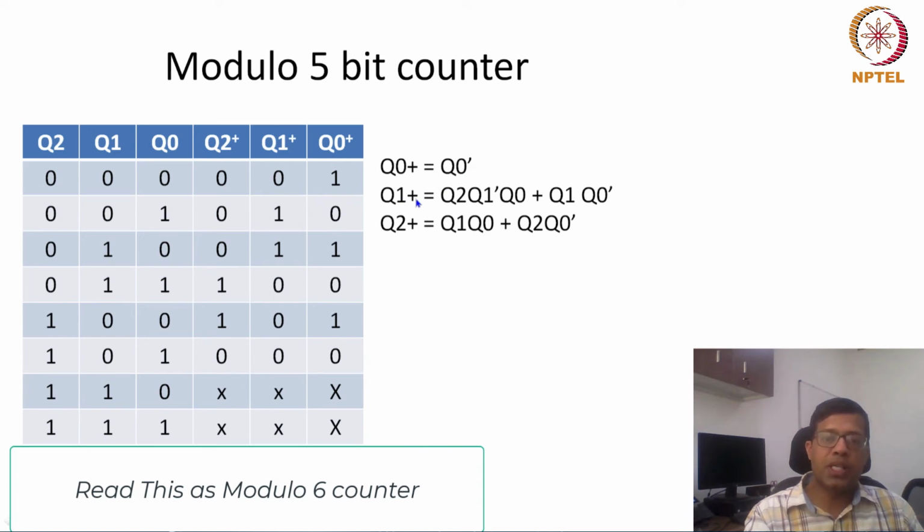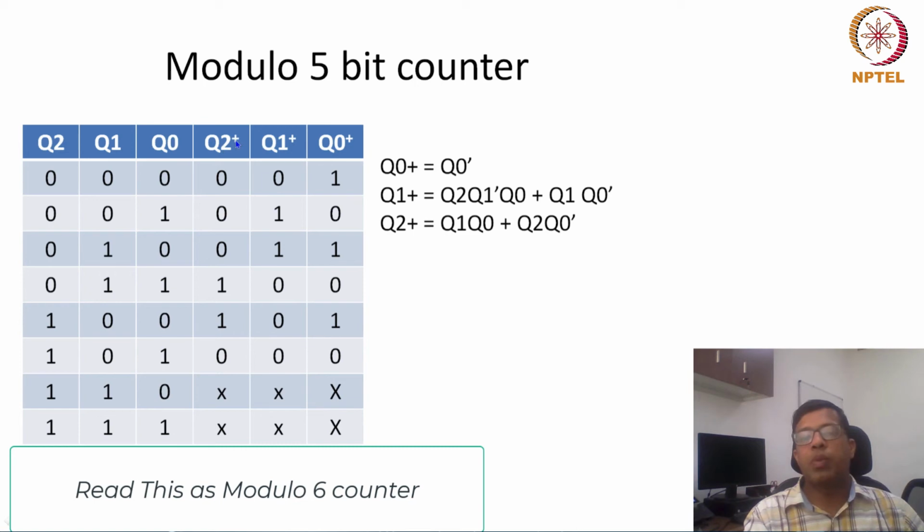For Q1 plus, these are the two values where Q1 plus is 1. One of the values would be happening when Q2 is 0, Q1 is 0 and Q0 is 1. The other we can combine with a don't care condition, so it will become Q1 and Q0 dash.